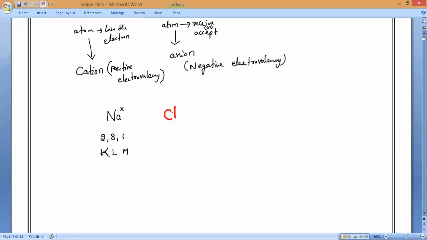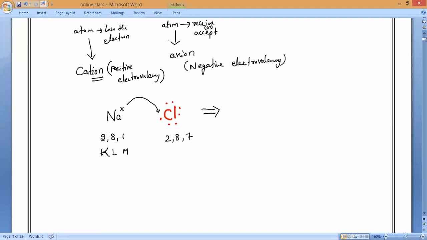Now if you take chlorine, it already has 7 electrons in its valence shell. So to become stable in nature, how many are needed? 1 is needed. So 2, 8, 7, this is chlorine. So sodium will donate 1 electron and by donating it will turn into which ion? Positive ion.